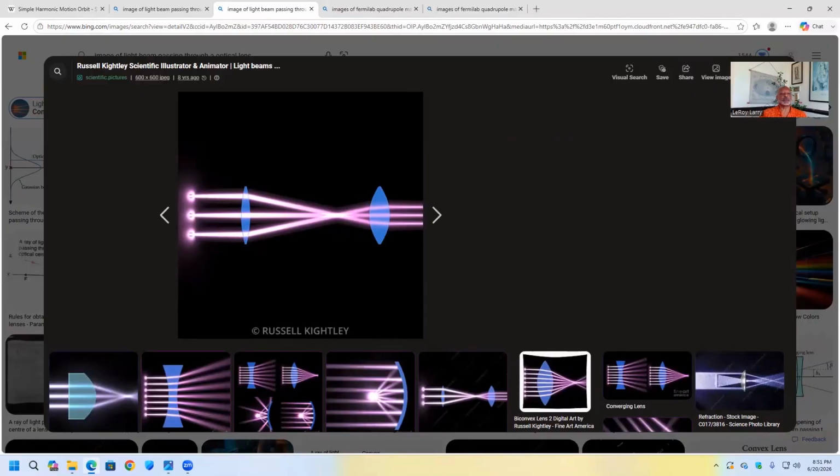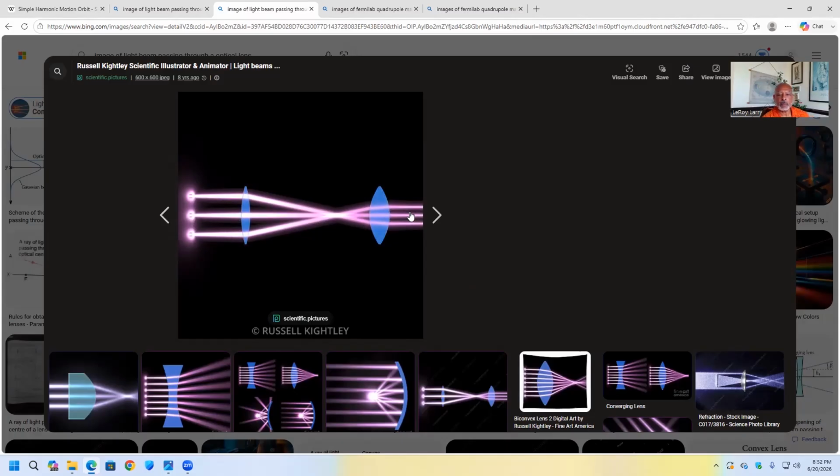Okay, here you can see how a beam of light is focused by an optical lens. Here's the beam of light. Here's the optical lens, and it focuses it. And then another type of optical lens collimates it.